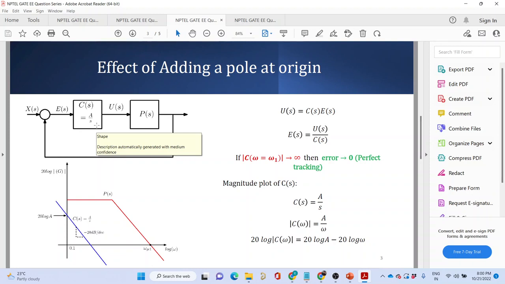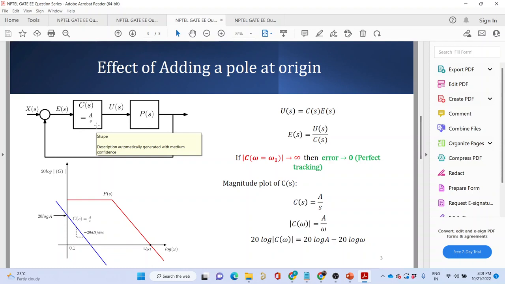A by omega. At omega equal to 0, what is the value? Infinity. Correct. That is why, when I am using an integrator, the gain of that function at DC values, at small frequencies, becomes infinity. That is why we say that the steady state error is 0 if I am using an integrator. Did you get my point, Navkirti? Yes, sir. Now I got it.